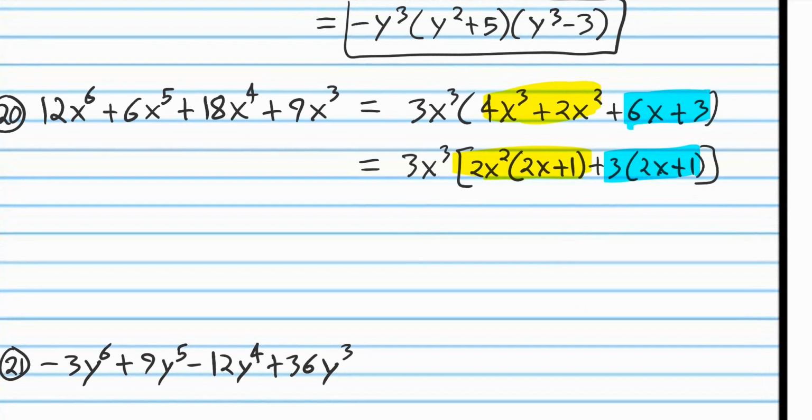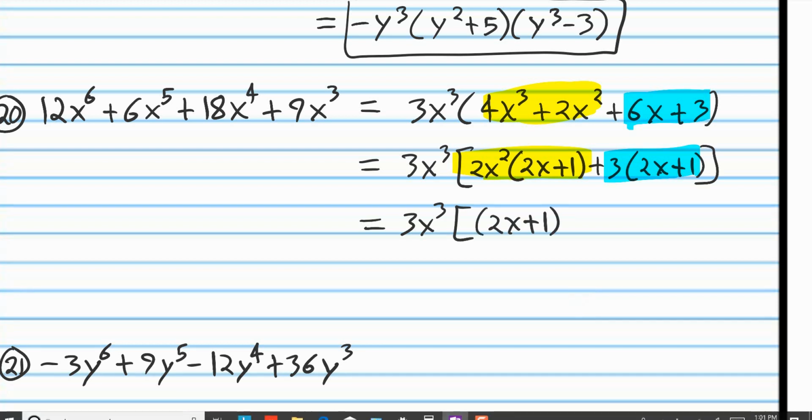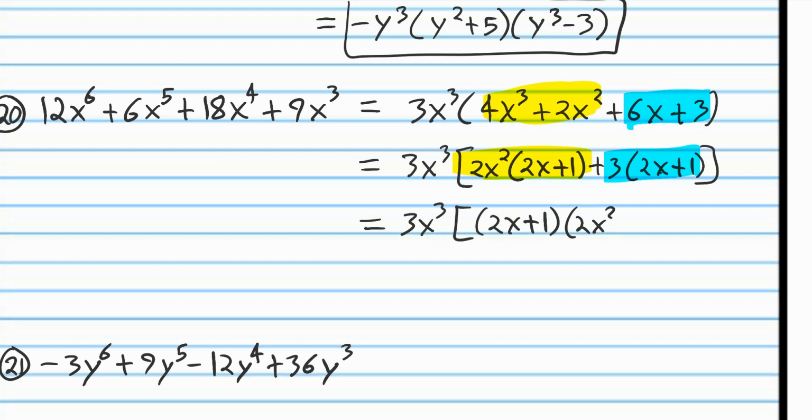And that's a good sign because it looks like we have the common factor there. Let's just multiply back just to make sure it's correct, and that looks correct. So now we're ready to factor out the 2x plus 1. And we're left with 2x squared plus 3.